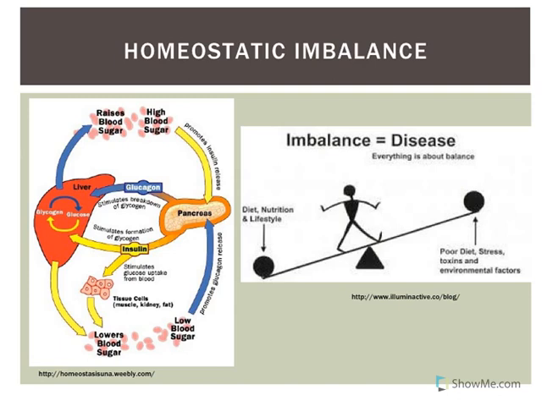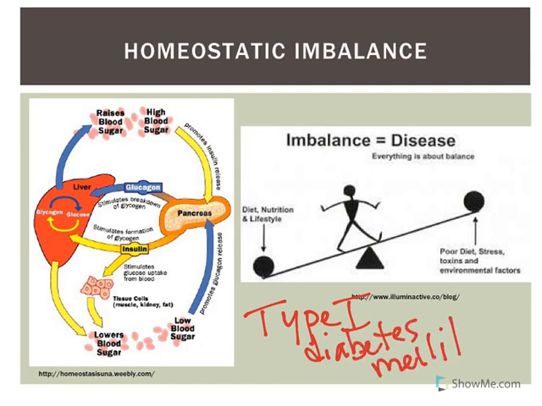Well, what happens if I have diabetes? There is something called type 1 diabetes mellitus. With these people, there's a problem with the cells in the pancreas called the beta cells, which produce insulin. They can't produce sufficient levels of insulin.